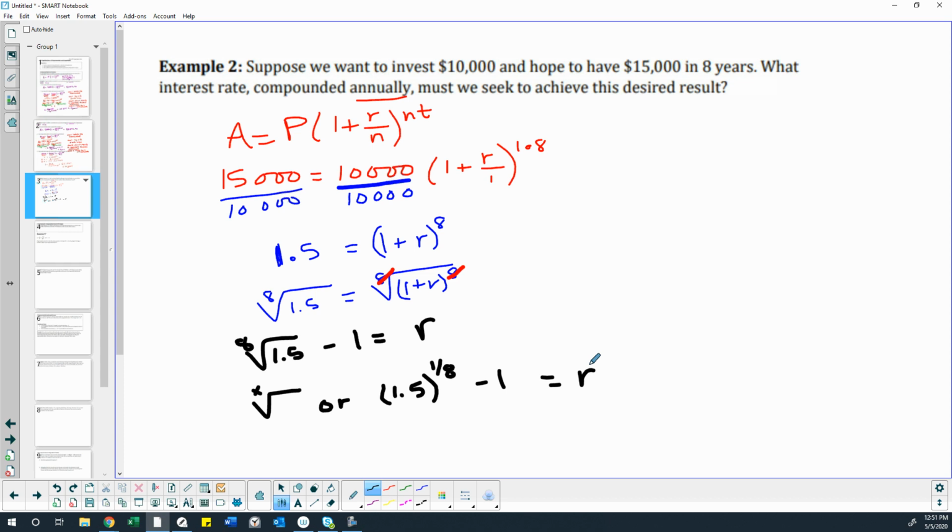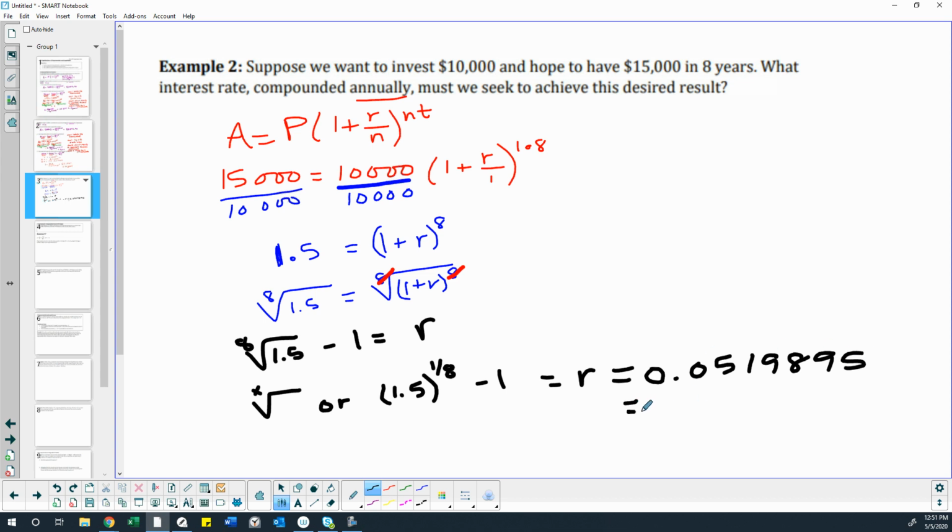So putting that in my calculator, I get 1.5 to the 1 divided by 8 power, and I get 1.05198956. I'm going to subtract 1 from that, so that is 0.05198995.